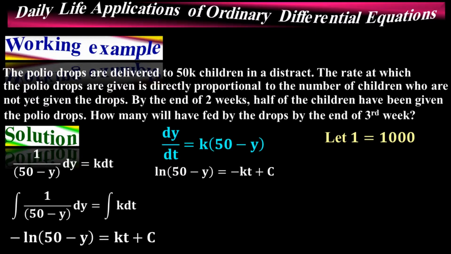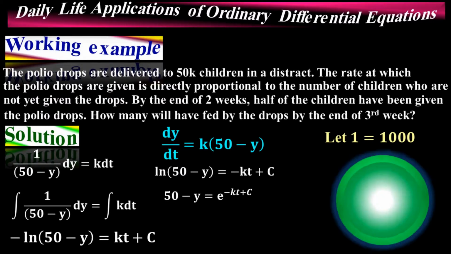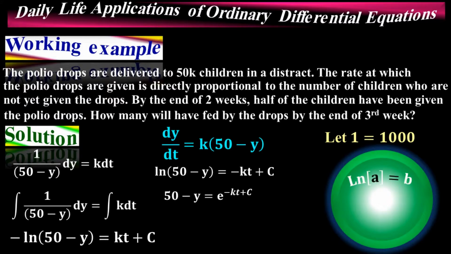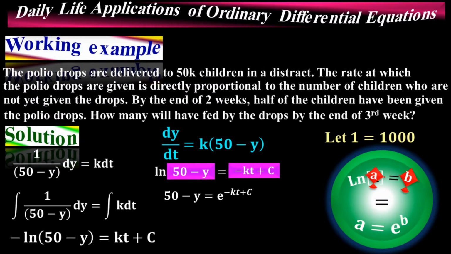Simplify the equation, which gives 50 minus y equals e to the power of minus kt plus c. I applied this logarithmic rule where natural log a equals b means a equals e to the b, where a is 50 minus y and b is minus kt plus c.